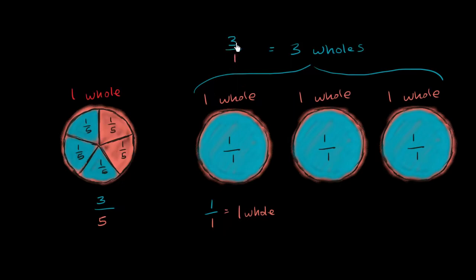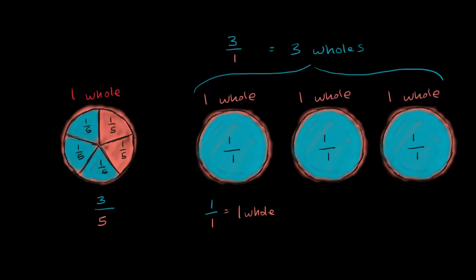Now we're seeing where the top number on a fraction is larger than the bottom one. But another way of thinking about this fraction symbol is that it's division. So you could view this as 3 divided by 1 is equal to 3. Or you could say, well, 1/1 is a whole, and I now have 3 of them. So this is equal to 3 wholes. So 3/1 is the same thing as the number 3.